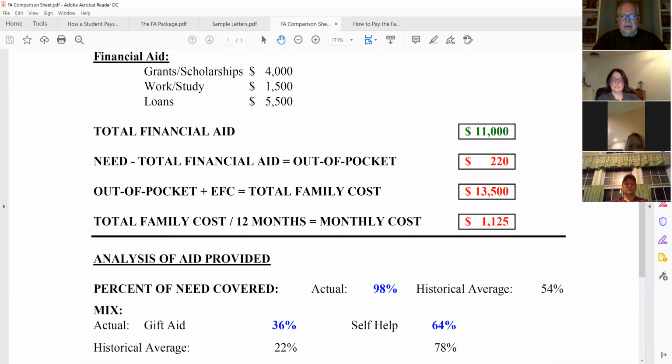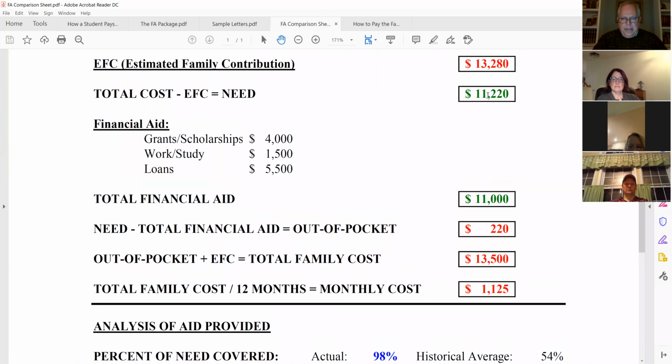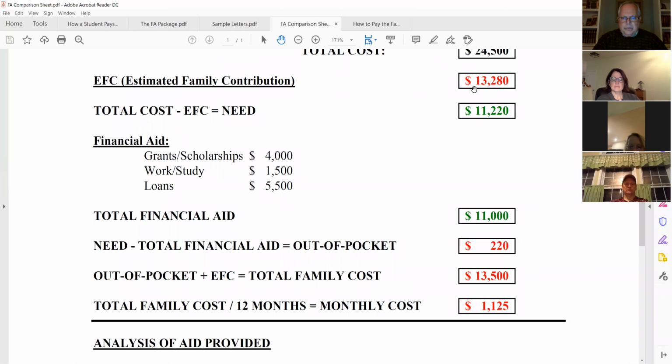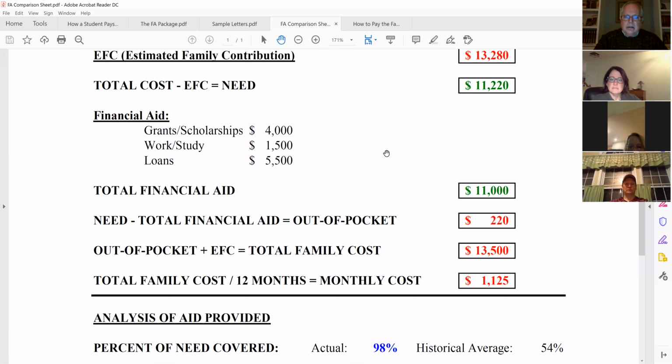If we don't understand what we're paying, what they're not giving us in terms of what they are not covering for financial aid or financial need, I'm sorry, if we're not doing that math, we could be surprised in terms of having to pay a lot more than we think because we haven't done that math.